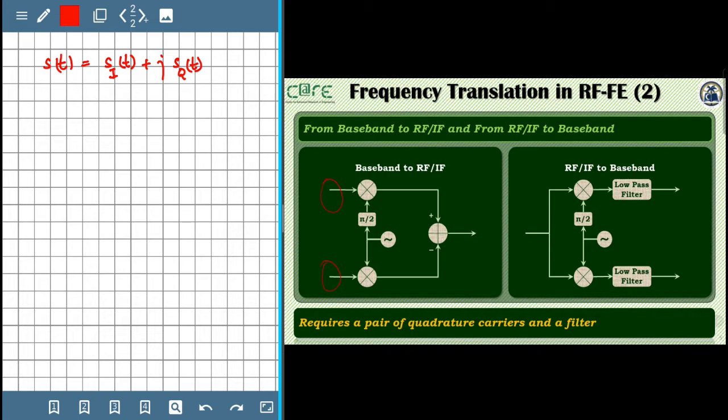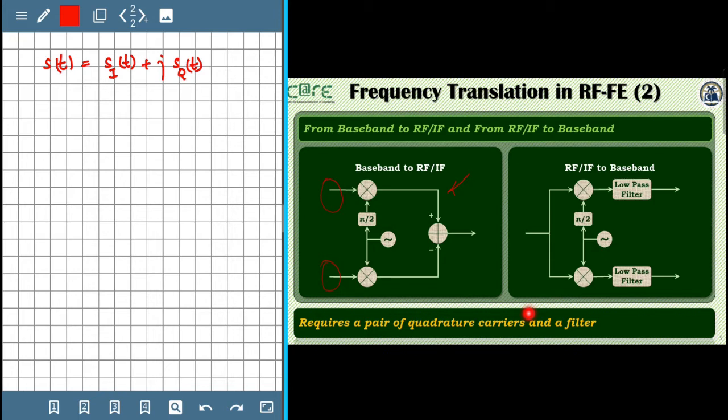And this is evident also in this diagram here, because the in-phase branch, the upper branch, is being multiplied by the cosine of 2 pi fct, or 2 pi of any carrier frequency, and the lower branch is being multiplied by the quadrature part of that carrier, so it's being multiplied with sine of 2 pi fct, and then the two terms are added together to produce a signal which we say lies at the desired center frequency.